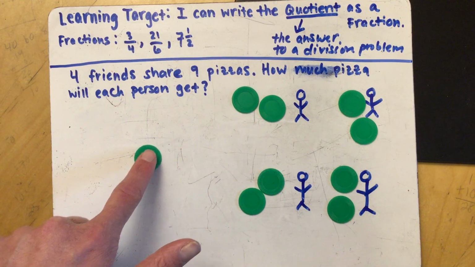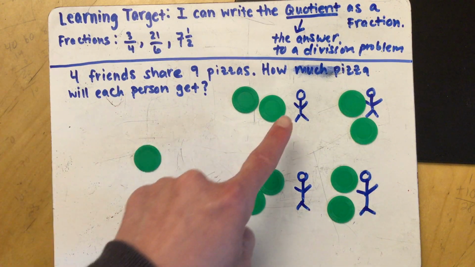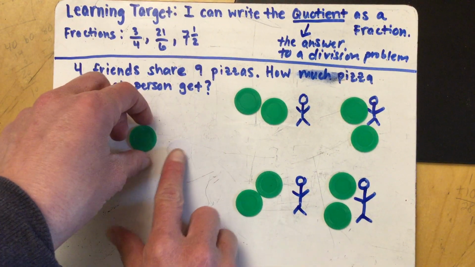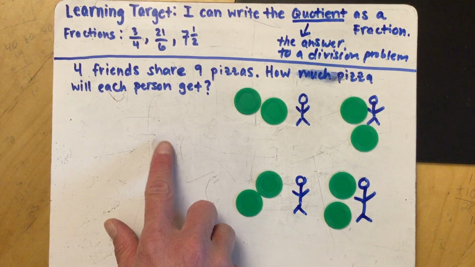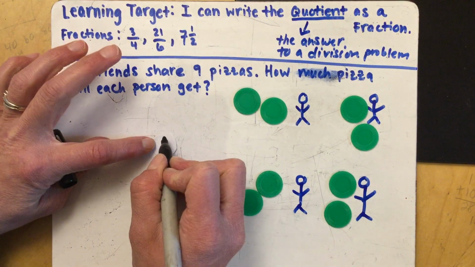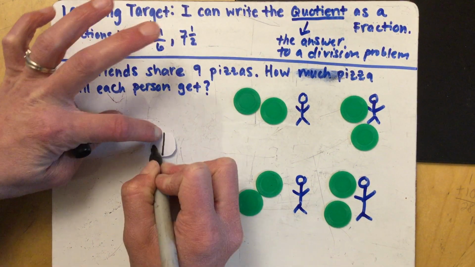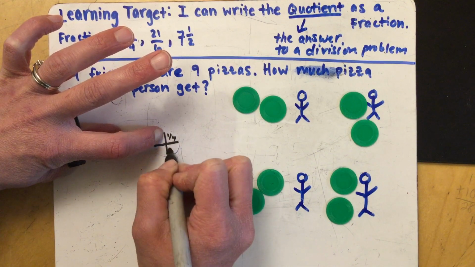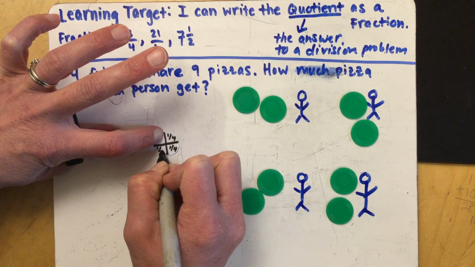So what we're going to do is split this pizza up into 4 pieces because there's 4 people. Now I'm going to swap this green chip out for a blank one so I can write and cut it up, just so you can see in action how this is going to look. I'm going to take just a pen here, and as carefully as I can, not perfectly, divide this into 4ths and then label each as 1/4.